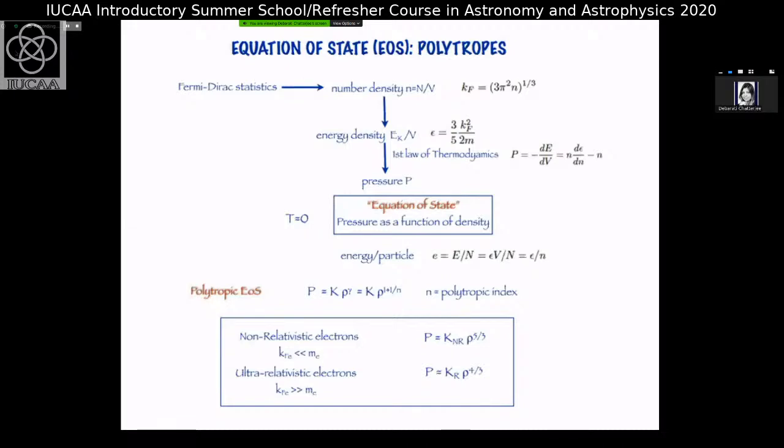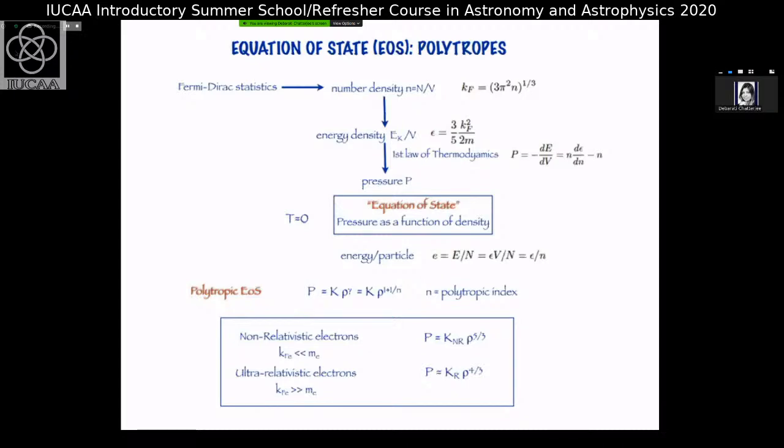Now, using the first law of thermodynamics, we can obtain the value of pressure, which is related to the density or to the energy density. This relation between pressure and density, or pressure and energy density, is also called the equation of state.